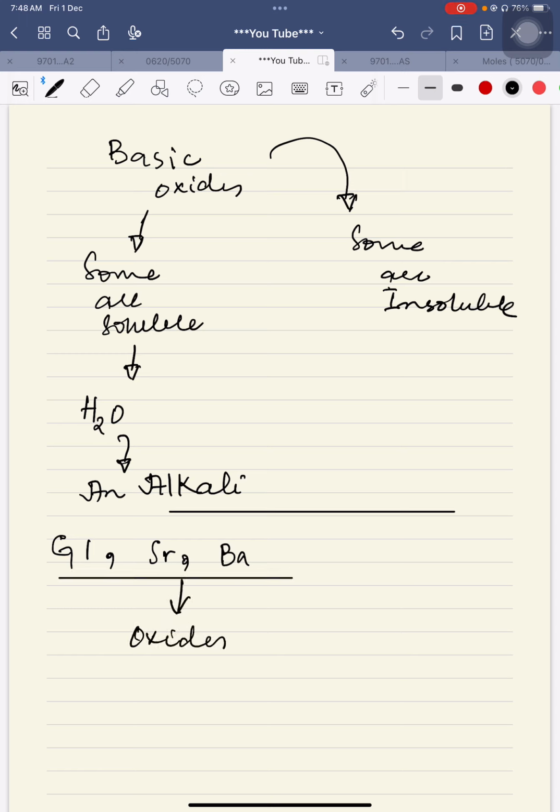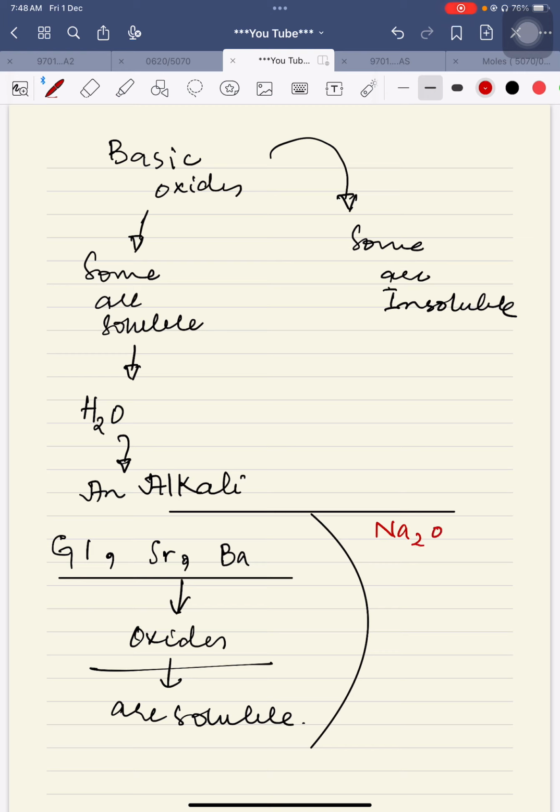So in this categorization, Na2O, SrO, BaO, K2O, etc. are soluble. But is there any example which is insoluble? Yes, for example, CuO is insoluble.